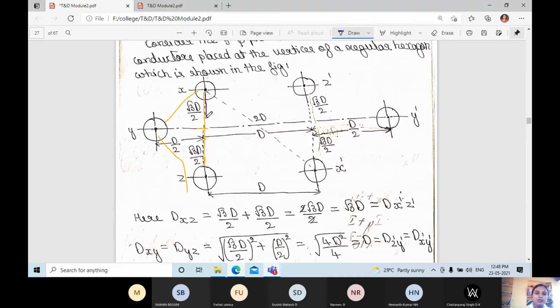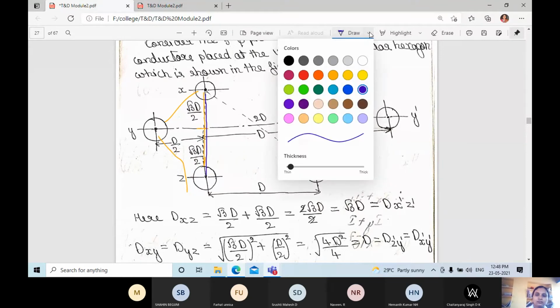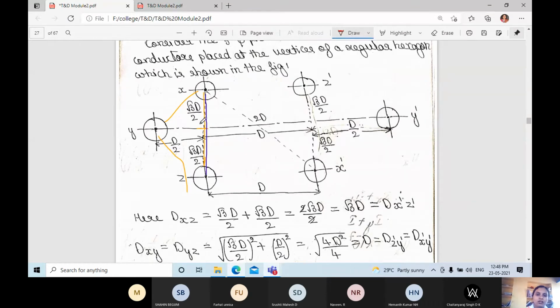So from here to here, half part is square root of 3d by 2 and half part is square root of 3d by 2.